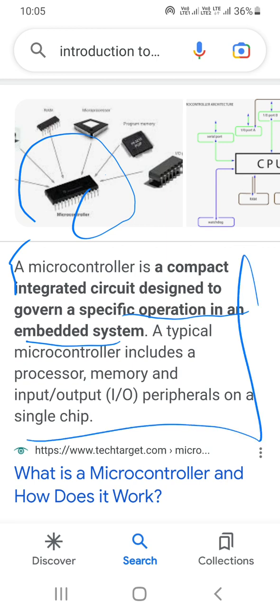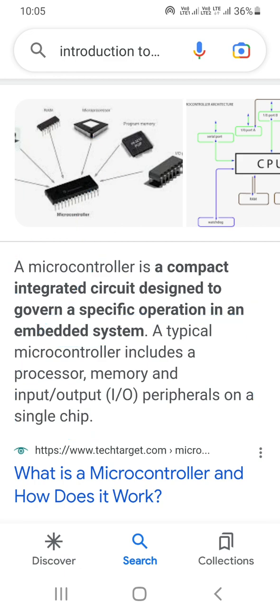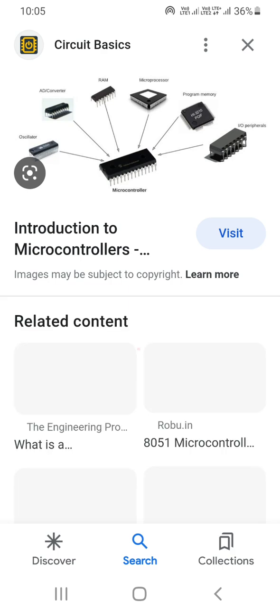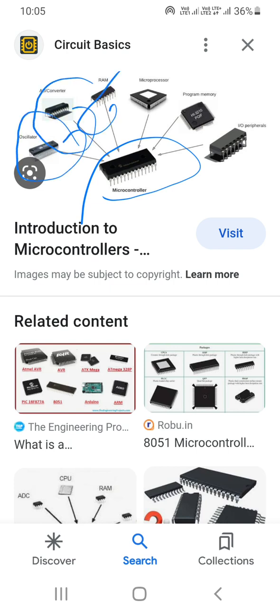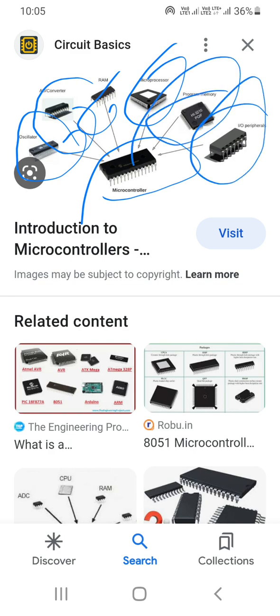Here you can see the microcontroller has an oscillator, converter, RAM, microprocessor, program memory, internal I/O, and peripherals.